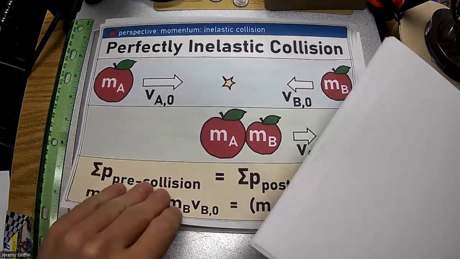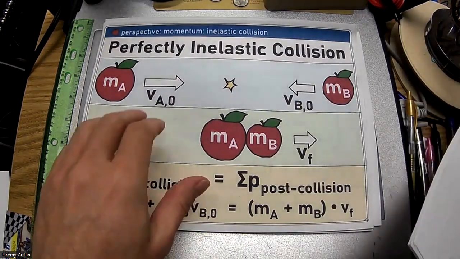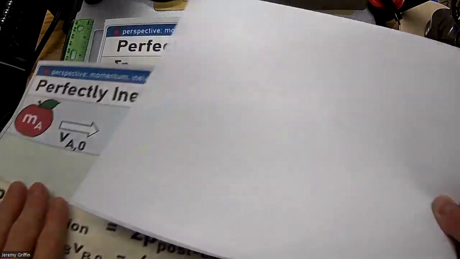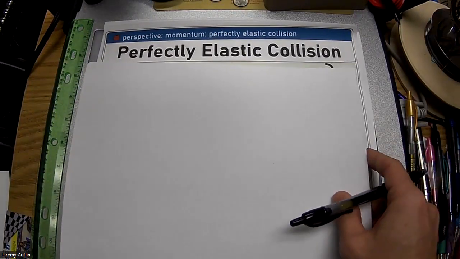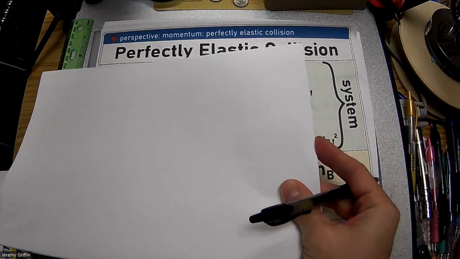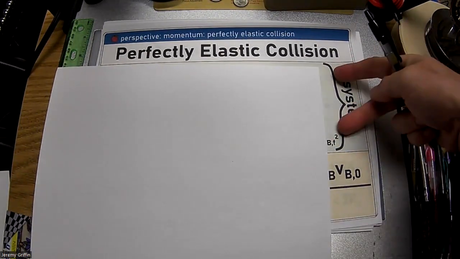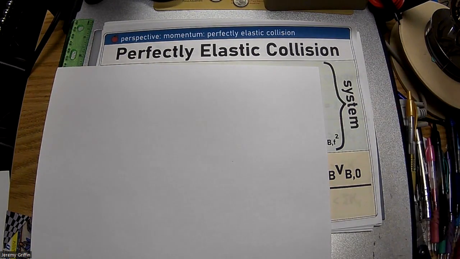Let's look at the other extreme, because this is one extreme kind of collision. They collide and stick together. The other boundary condition, the other extreme, is called perfectly elastic. Let's see if you guys can do this green box. I've written a system of equations. There are two equations here. Can you guys write that system of equations in your notes? Go ahead. I'll give you a minute.